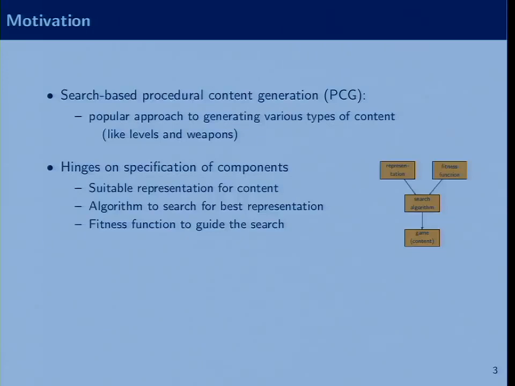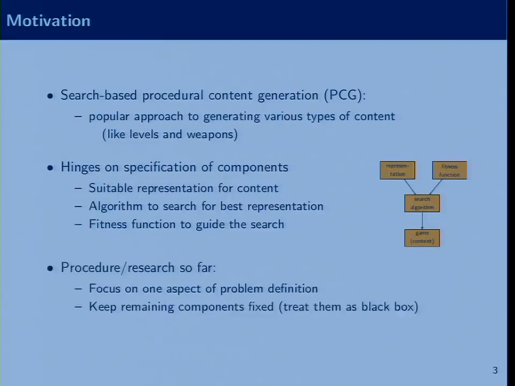So you need to find a suitable representation, for example, for the content, and you need an algorithm to search for the best representation, and you need a fitness function to guide the search somehow. So these are three preconditions you really need, and PCG hinges a bit on that.